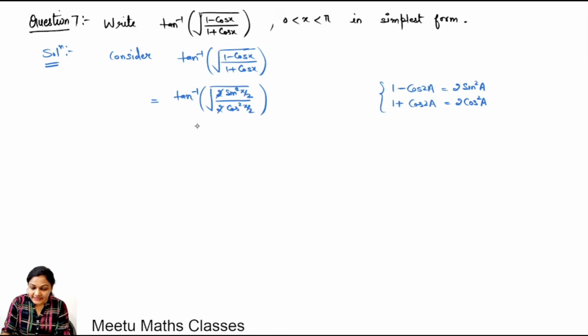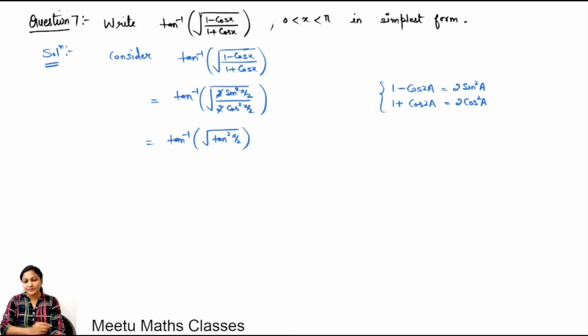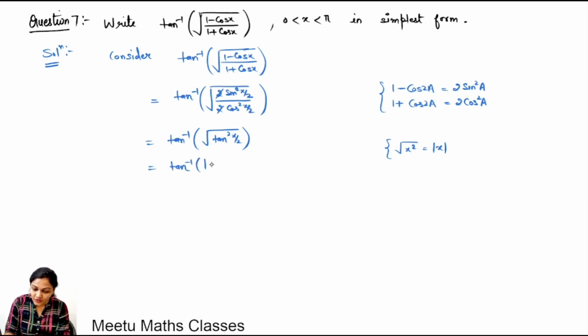Now 2 will cancel, and you are left with square root of tan square x by 2. And we know that square root of x square is equals to modulus x. So it will give you tan inverse of modulus of tan x by 2.